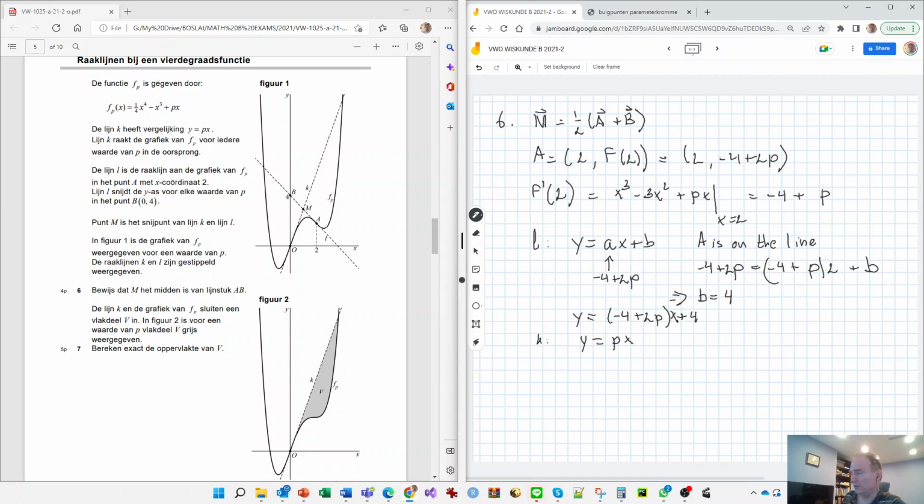So I want to solve these for every p. You get two equations with two unknowns, y and x. The simple way here is just to substitute this equation in the first. So I get px is equal to that whole thing here.